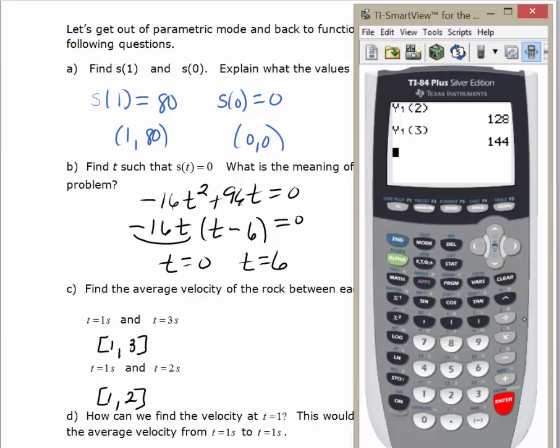You can do second enter. So if I hit second enter, that brings back the last expression that I used, and I can arrow back over the 3 and type in another value, even though I already know y1 of 0, it's just to practice that. So you can either do the vars key, or once you've used the vars key, you can hit second enter and return those back.